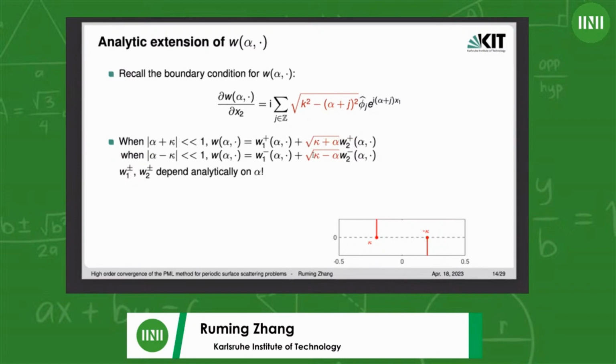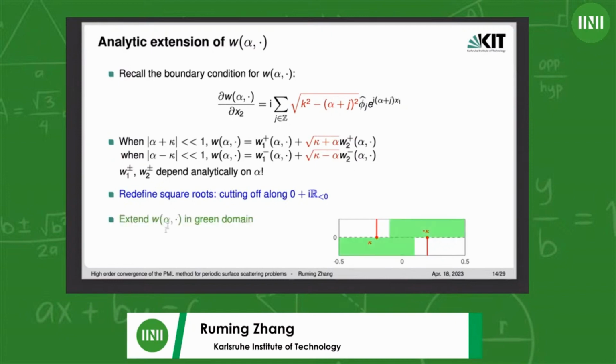So it only has this kind of square root singularity. When alpha is close to kappa, it is the same. You can also define the square root a little differently. If we redefine the square roots, then we can extend W analytically in a neighborhood of the interval from minus 1/2 to 1/2, except for these two red rays. These two red rays are the singularities, the branch cuts of the square roots here.